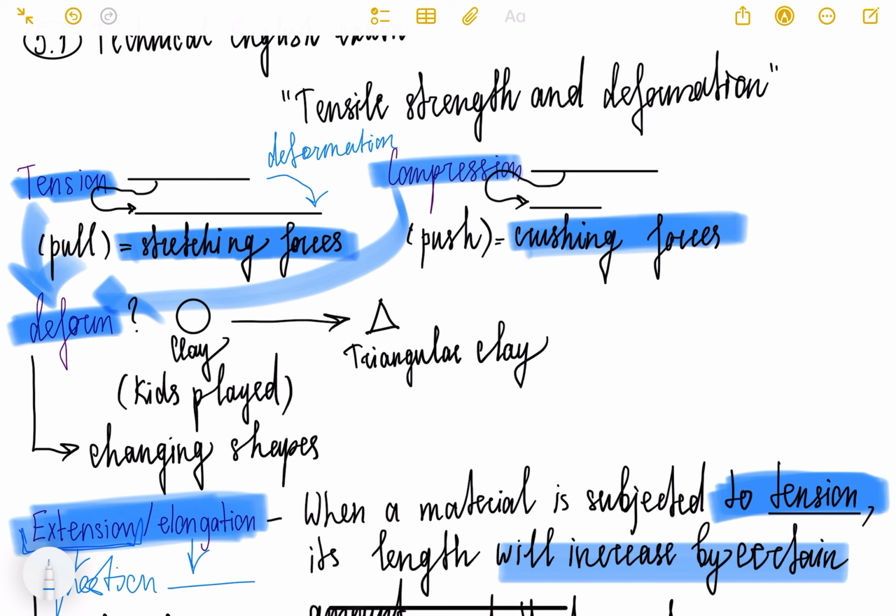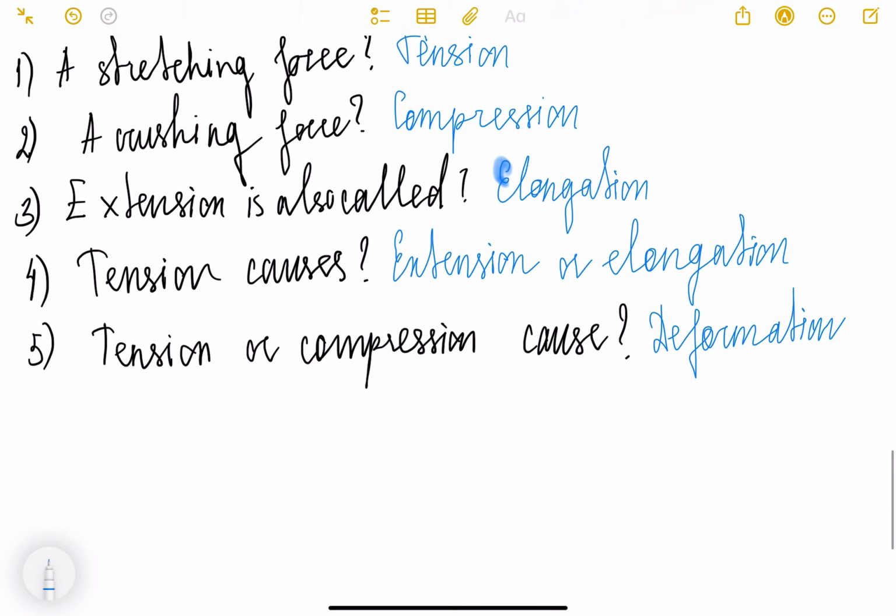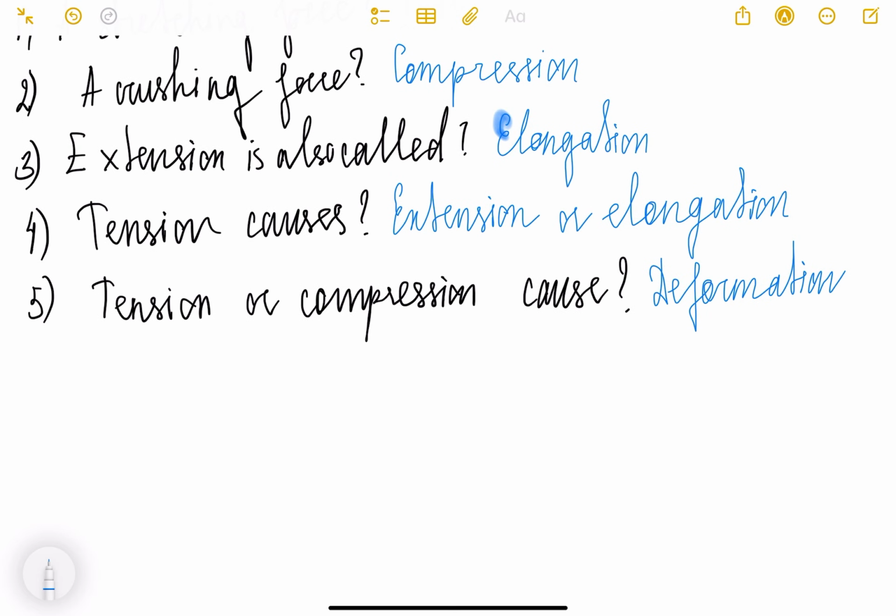And also this long line turning into a short line, deformation is happening. So compression and tension cause deformation.